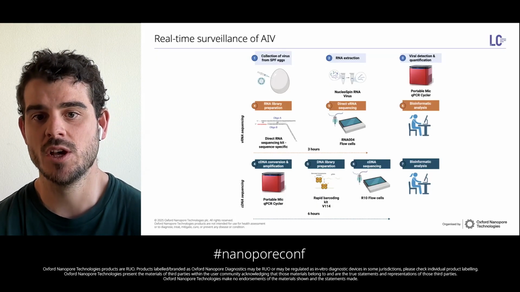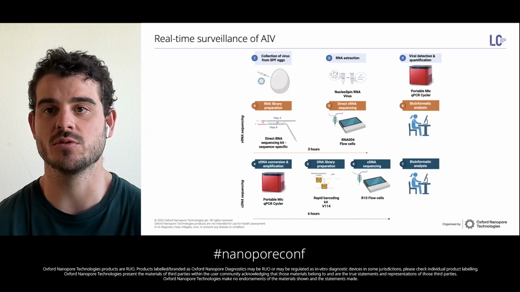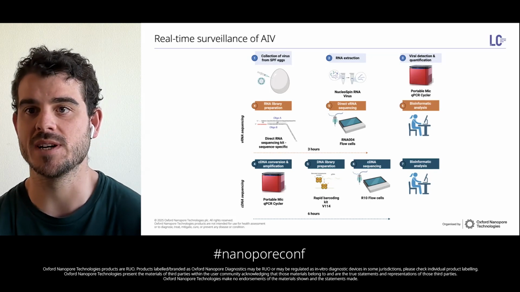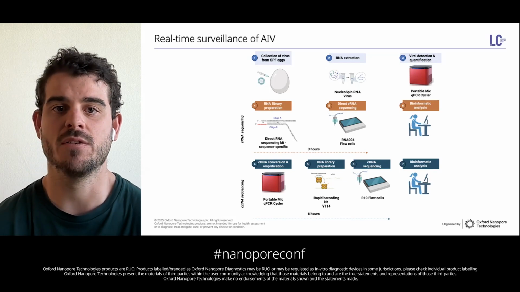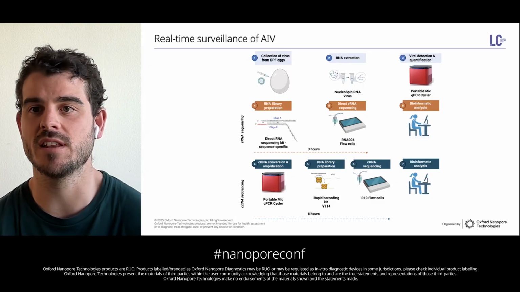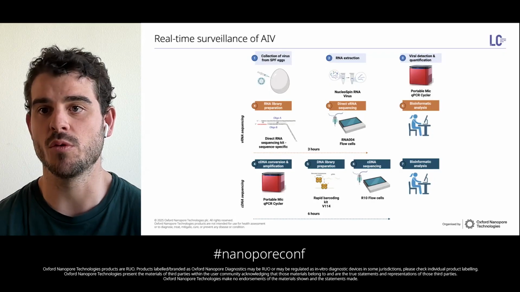The other strategy was to perform the rapid barcoding kit after the conversion of the viral RNA to cDNA and amplification with universal primers for avian influenza. It's important to mention here that we used the latest chemistry from Oxford Nanopore in both cases.